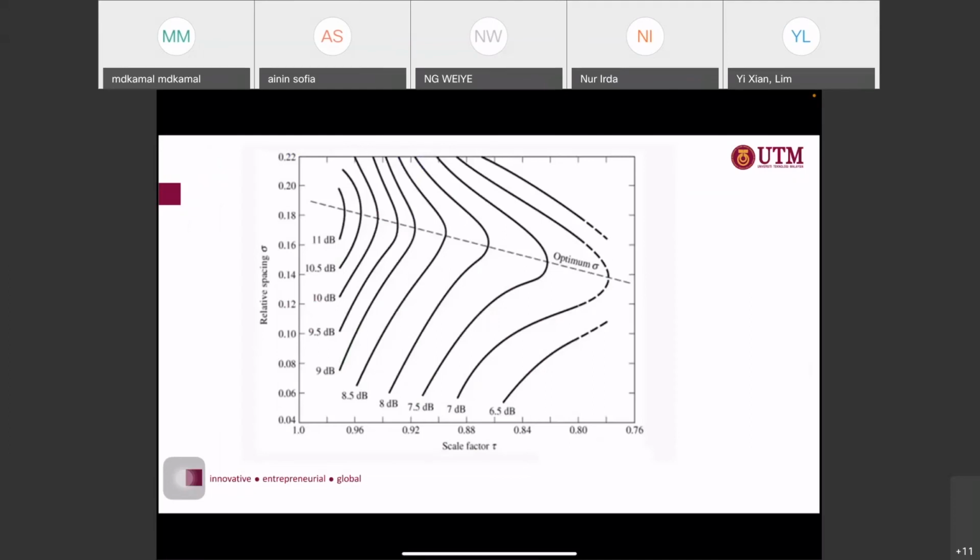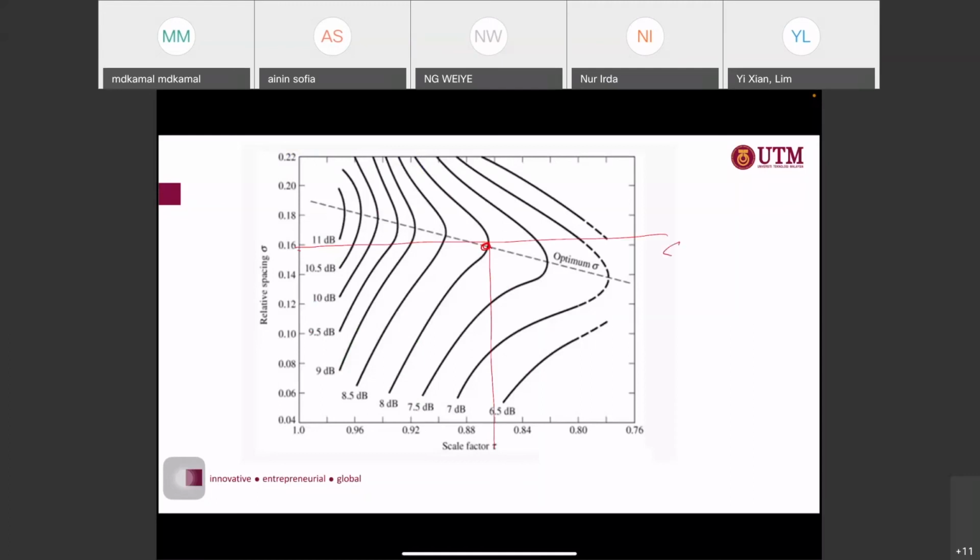Okay, so these are the plots that you can see in terms of the dB that you want. For example, let's say if you want to have 8 dB, you just take whatever is over here. You can see that this is the optimum sigma.